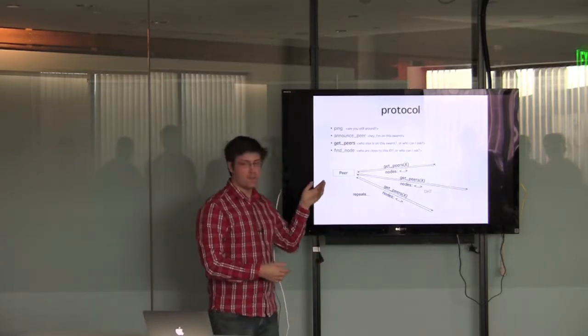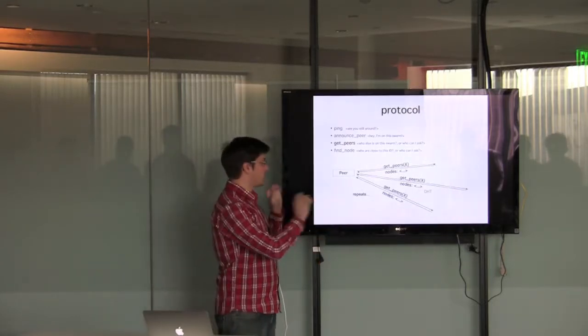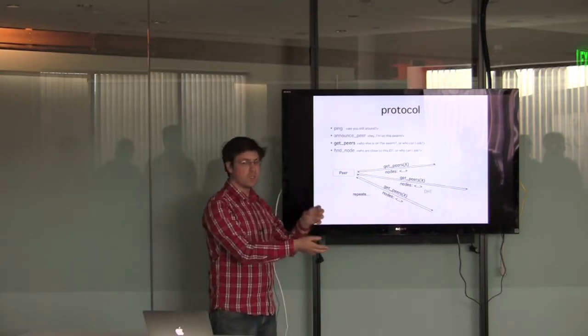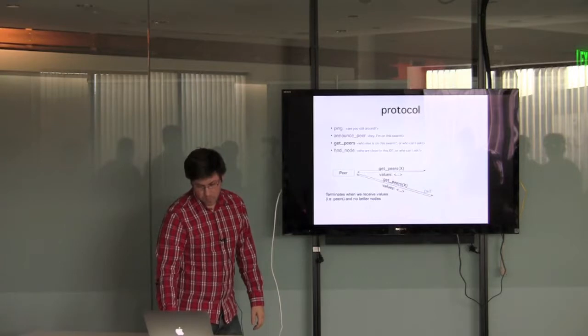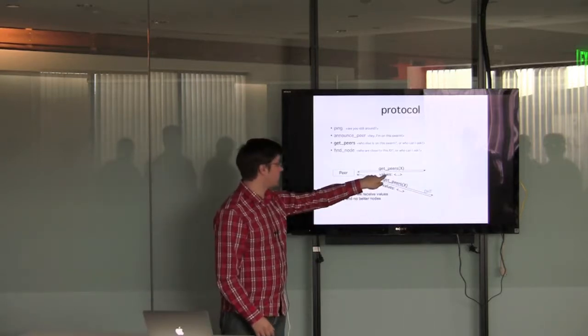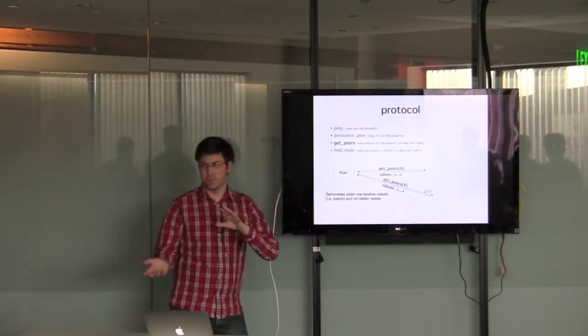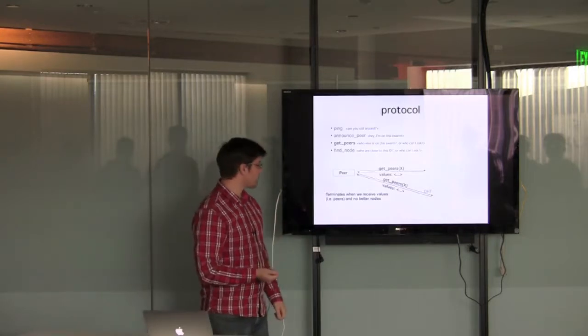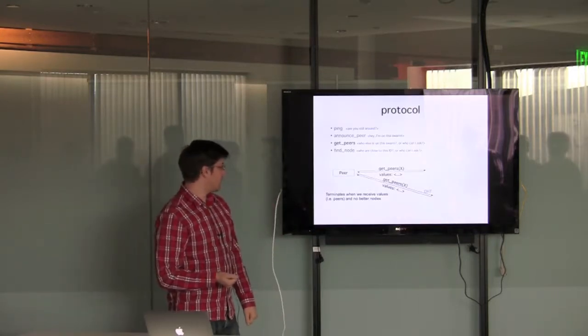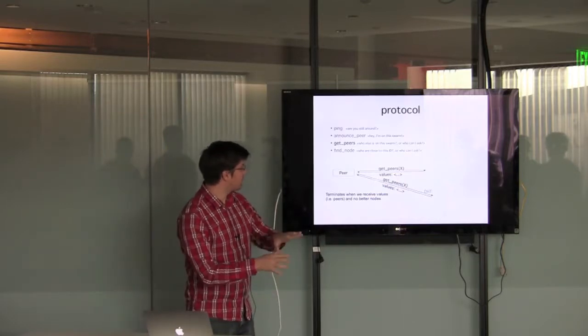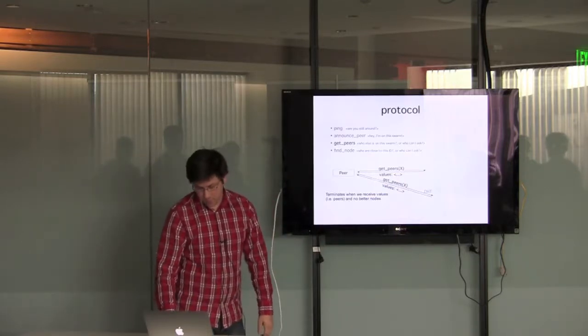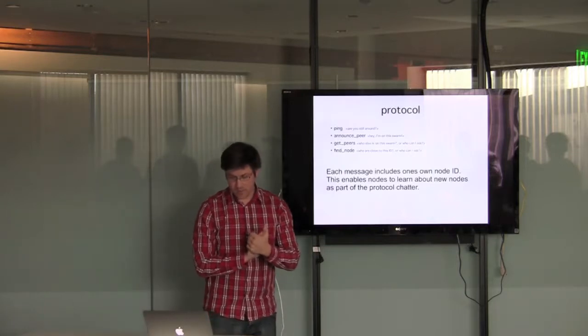And this operation repeats. We get more nodes, we send out more get peers, and eventually it terminates by us getting, instead of nodes, getting values, and values are peers that we can connect to. Right, that's the high level of how the protocol works.